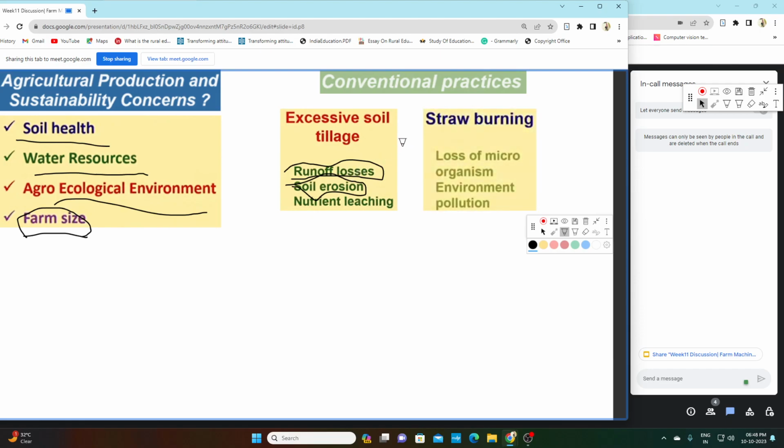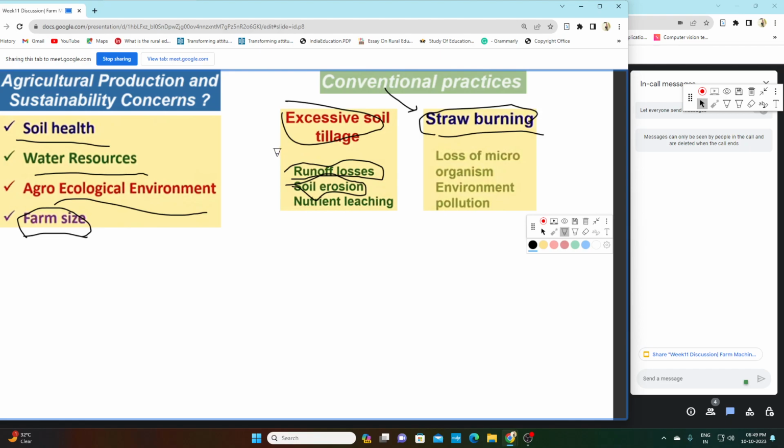The second conventional practice at which we are facing problems is straw burning. By straw burning, there is loss of microorganisms, and second, there is more environmental pollution. So these are the two conventional farm machinery operations that are causing problems to us.